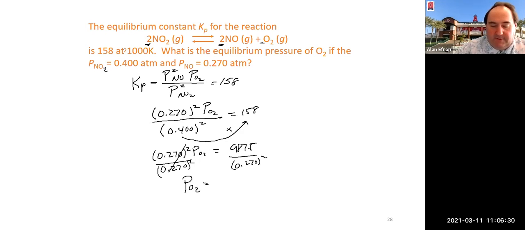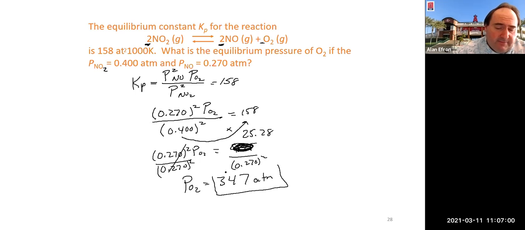I think I punched a number in wrong. Let me double check real quick. We're going to multiply by 0.4 squared. Yeah, that is definitely not 987. Sorry about that. I punched it in right this time: 0.4 squared times 158 gives us 25.28. Then dividing it by 0.27 squared gets us 347. And again, the units here would be atmospheres.